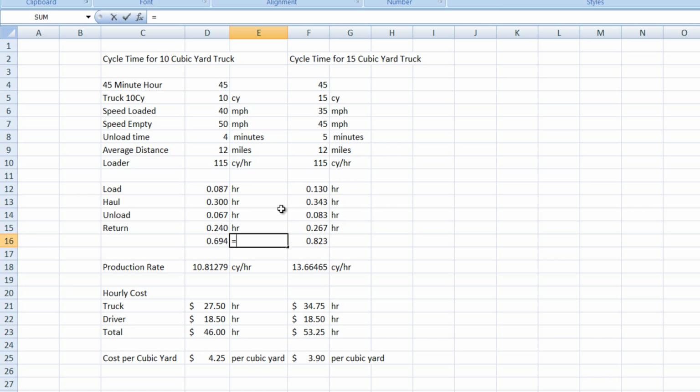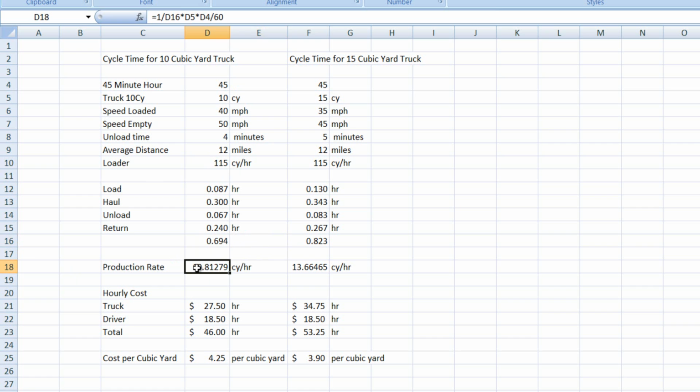Curiosity's killing me. So, 41 minutes. That's our cycle time, 0.694 of an hour. So now we need to figure our production rate.